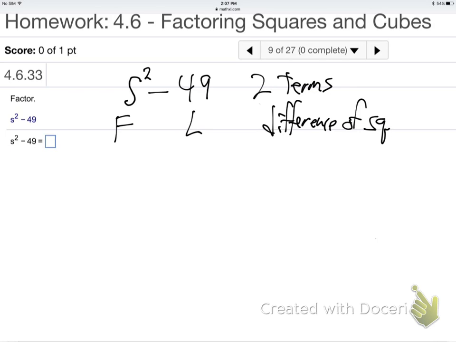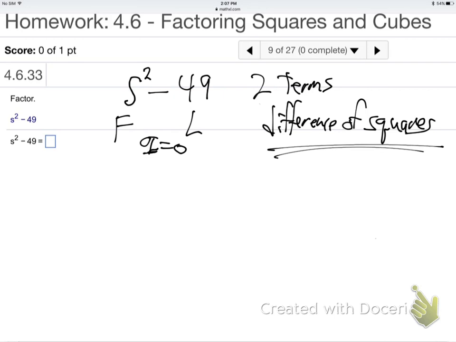Difference of squares. It's an FL: front times front, last times last. That's how we're going to do this. It's like the OI is missing because it's 0.